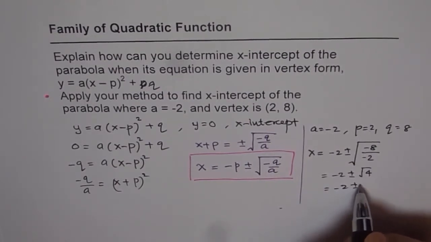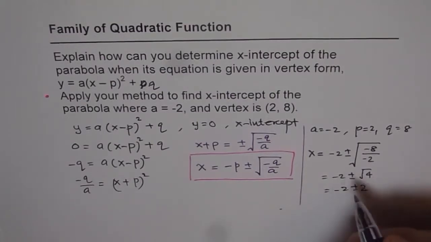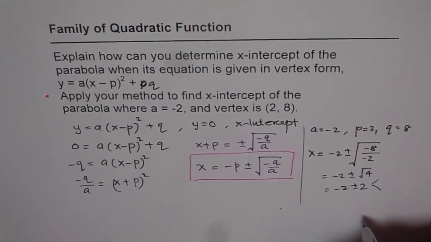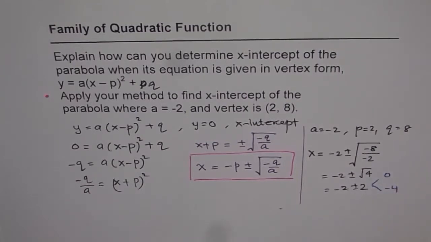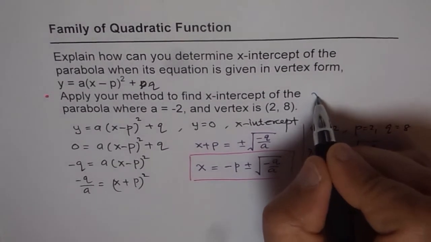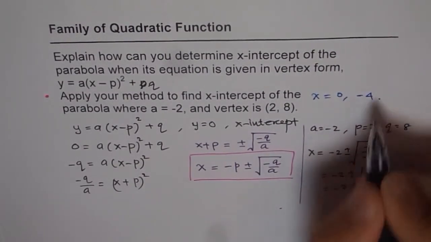That is what you get as the x-intercept, and there are indeed two x-intercepts for this function. 2 plus 2 gives 4, and 2 minus 2 gives 0. So the x-intercepts are at x equals 0 and at x equals 4.